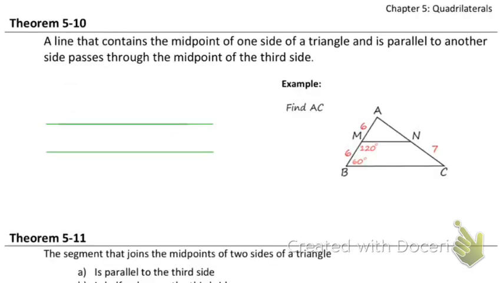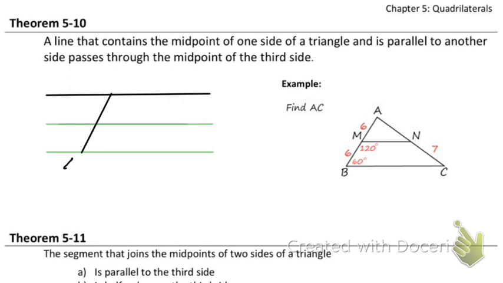Okay. Theorem 5.10. First of all, we're going to use Theorem 5.9 for just a second. We're going to draw another line that's almost the same distance here, kind of like that. Then we're going to draw a line down it.